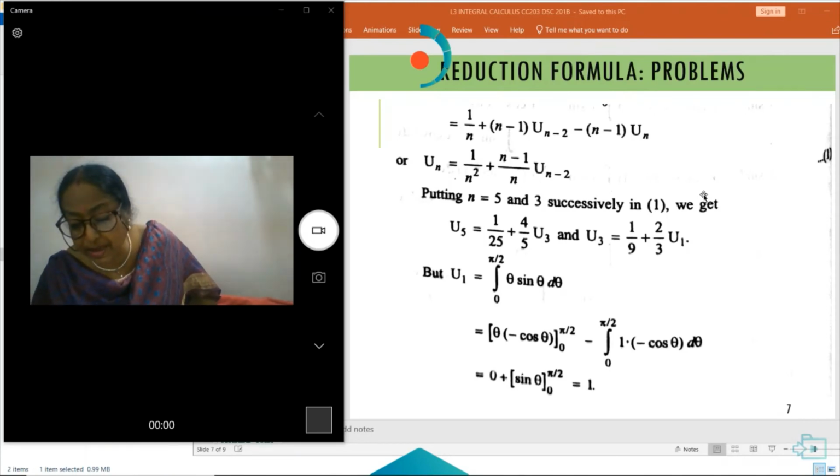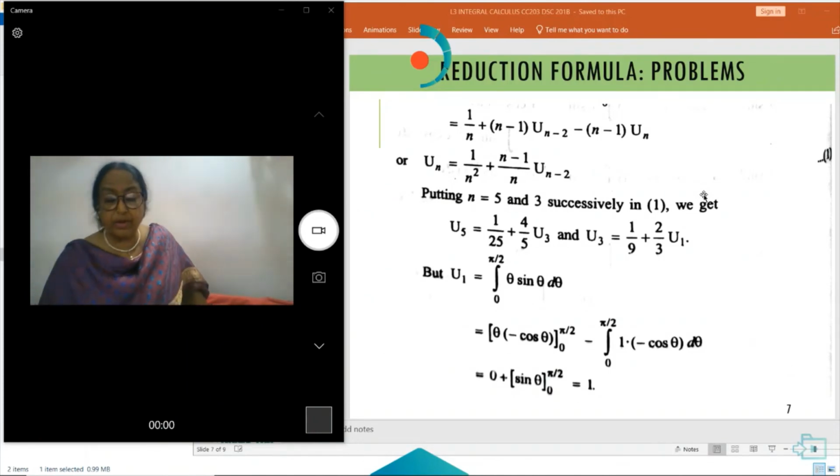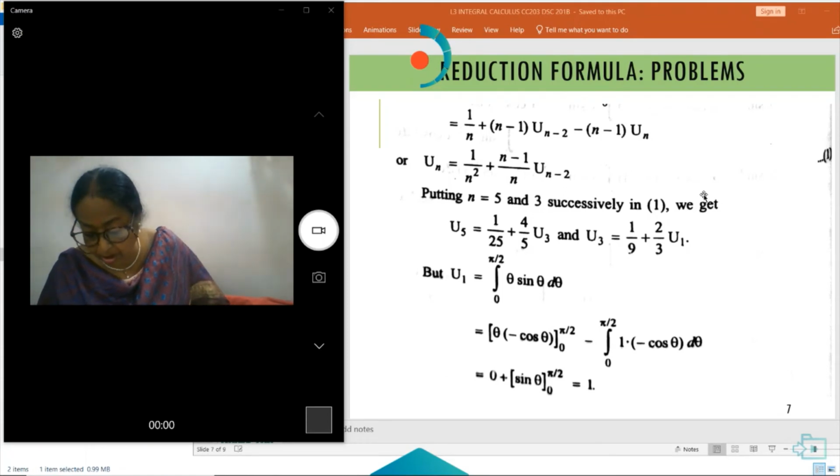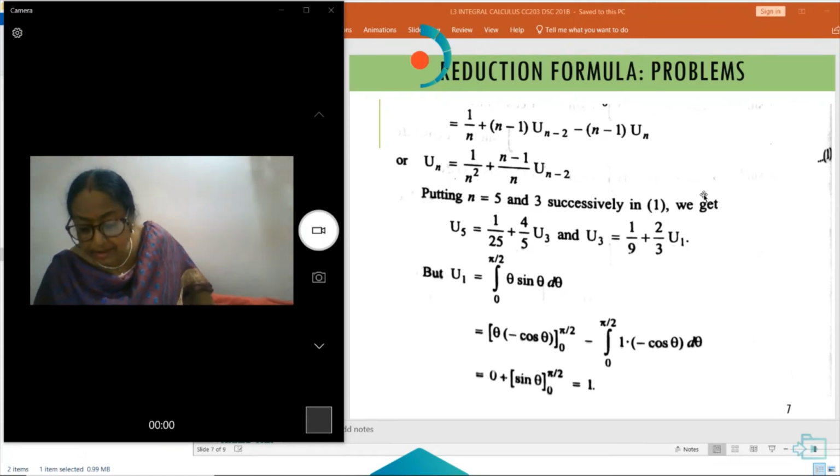Comparing the previous example where In is equal to x sine n minus 1 x into cos x, you can do this problem using the previous formula, or as shown on your screen.